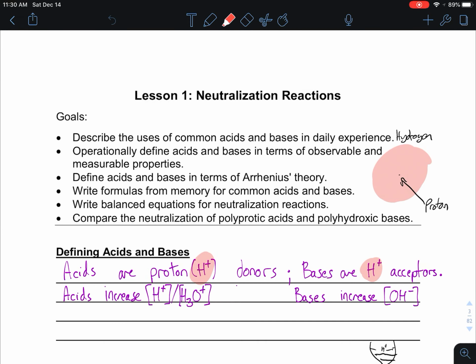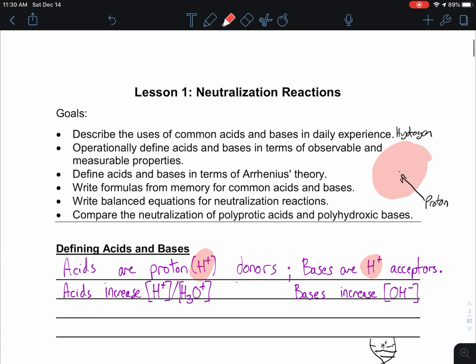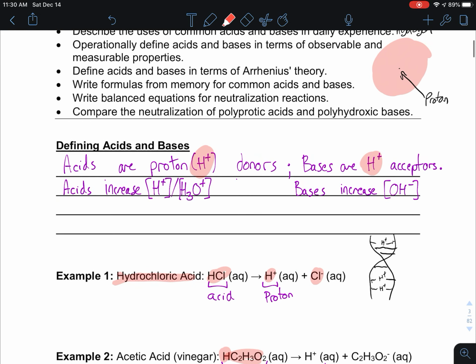So acids and bases in our class are going to be those that donate a proton or accept a proton. So acids, proton donors, and bases are proton acceptors, and we'll see how this works.